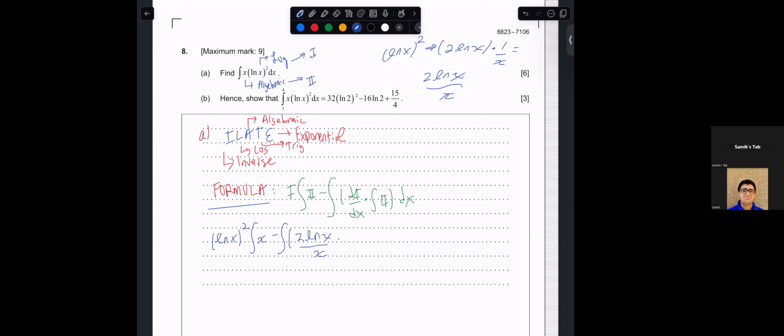And we know the integration of x, which is simply x squared upon 2. We know the formula: x^n becomes x^(n+1) upon n+1. In our case, we have x raised to the power 1, so that is x^(1+1) upon 1+1, which is what I've written over here, x squared upon 2.